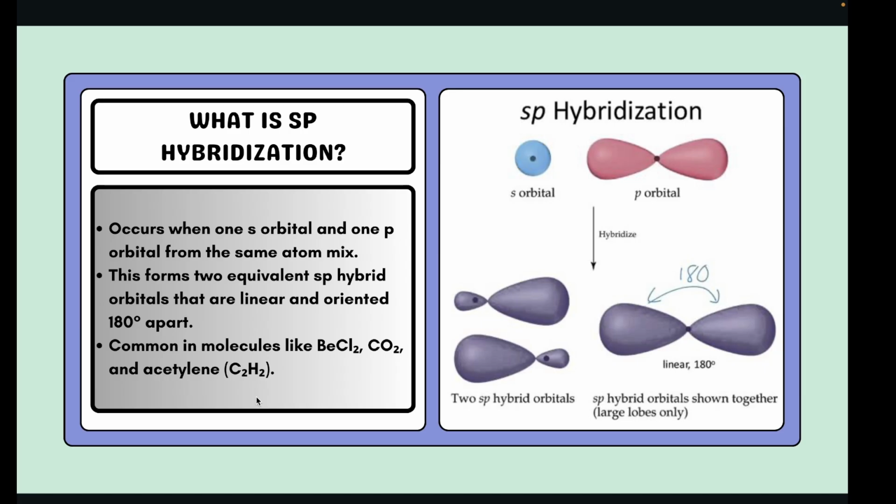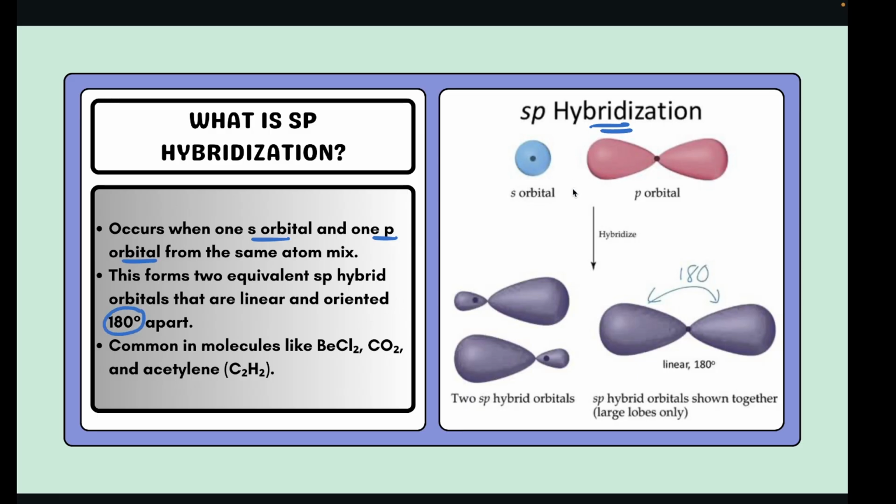The first one we are going to discuss is sp hybridization. It is formed by mixing one s orbital and one p orbital. It produces two sp hybrid orbitals. These orbitals are equal in energy and shape. They arrange themselves linearly at 180 degrees to minimize repulsion.